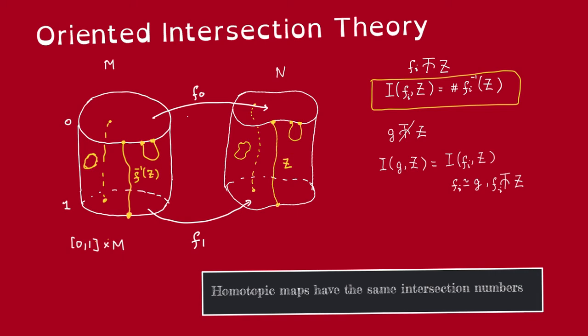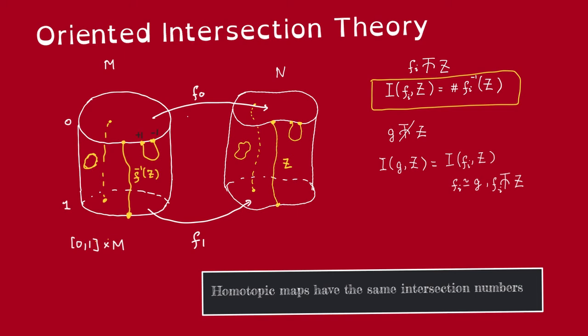So in particular, if this point is counted as 1, then this will be counted as -1. So these kinds of bad configurations cancel out. They don't contribute anything to the intersection number. And in that case, the intersection numbers of F0 and F1 are going to be equal. This motivates us to look at oriented intersection theory.